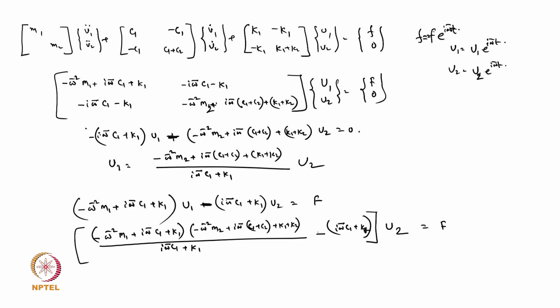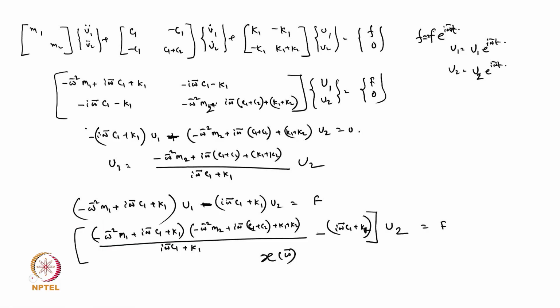And what will be your objective? Say this is some type of function, chi, as a function of omega bar. Why am I saying it's a function of omega bar?